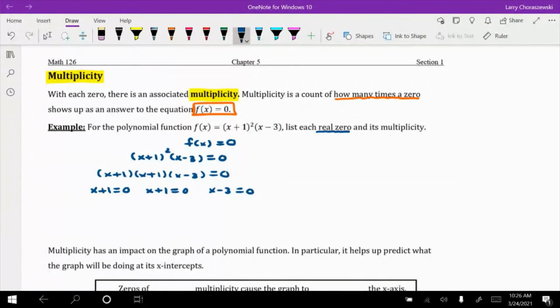And we solve these little micro equations, if you will, to get x equals -1, x equals -1, and x equals 3. So these are our zeros.